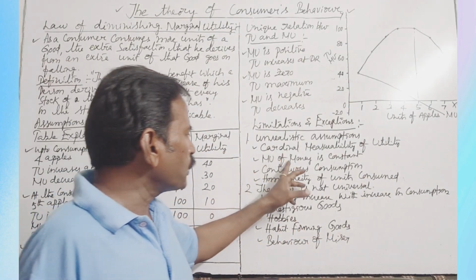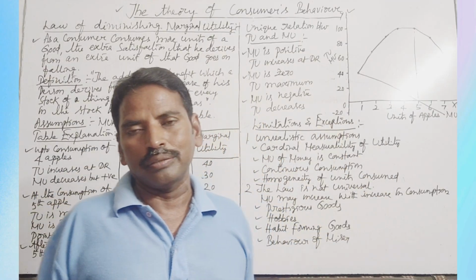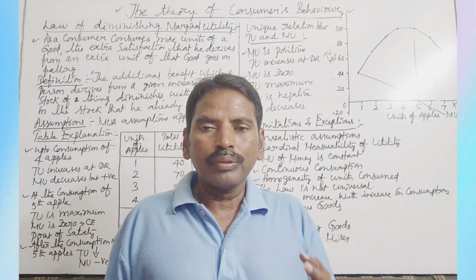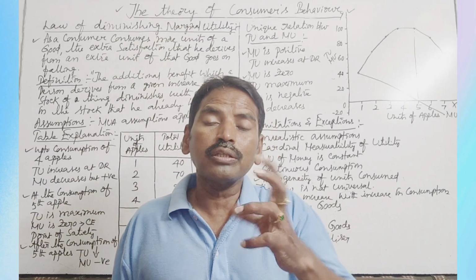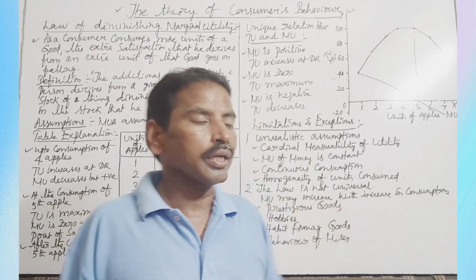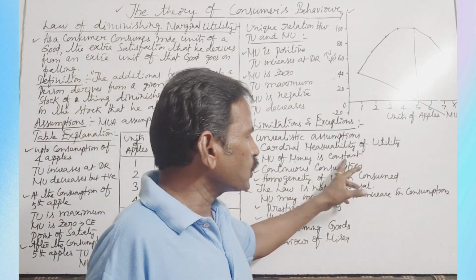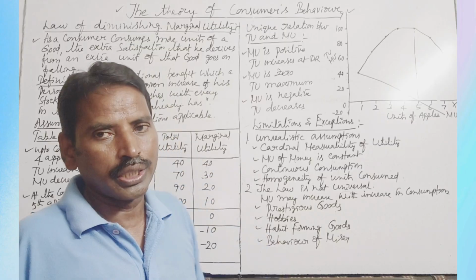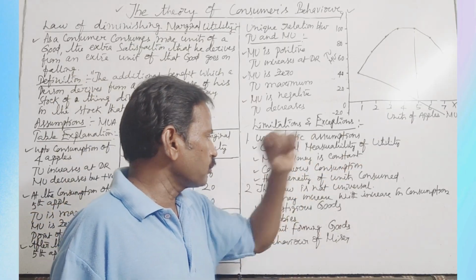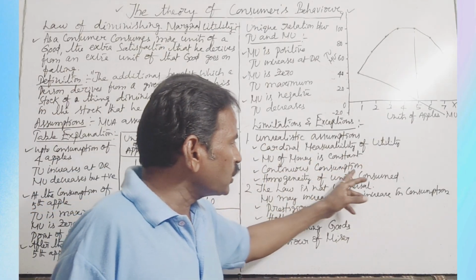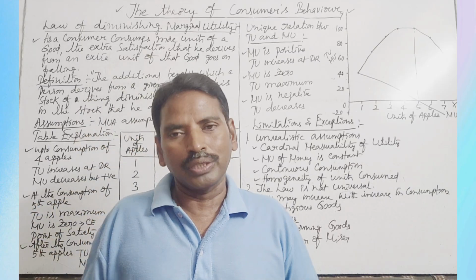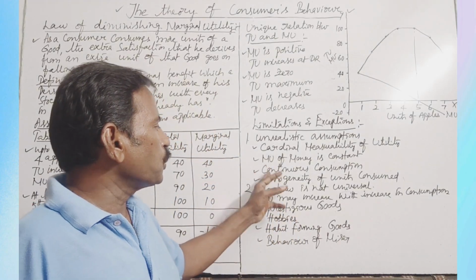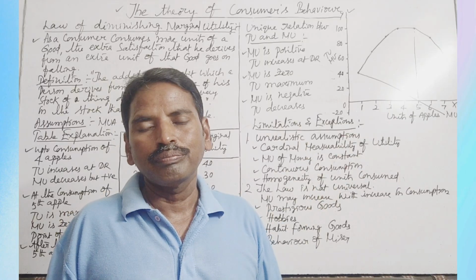Second one, marginal utility of money is constant. There are fluctuations in the economy, prices also fluctuate in the economy, so automatically the marginal utility of money also changes, it is not constant. Another unrealistic assumption is continuous consumption. In general, this does not happen, so there is no continuous consumption.